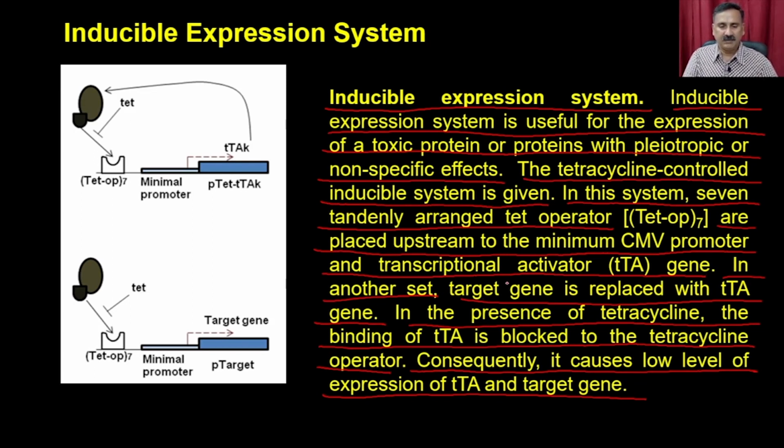In another set, the target gene is replaced with the TTA gene, and in the presence of tetracycline, the binding of the tetracycline is going to block the tetracycline operator, and consequently it is going to reduce the expression of the TTA gene as well as the target gene.